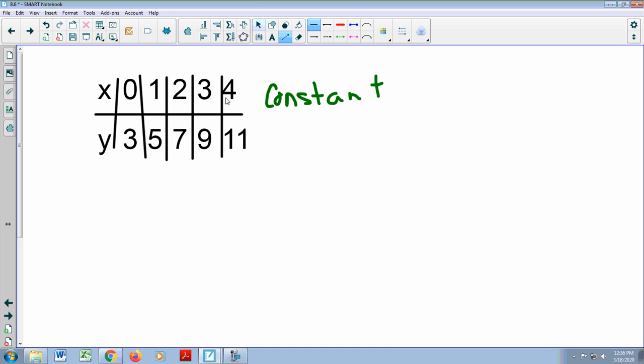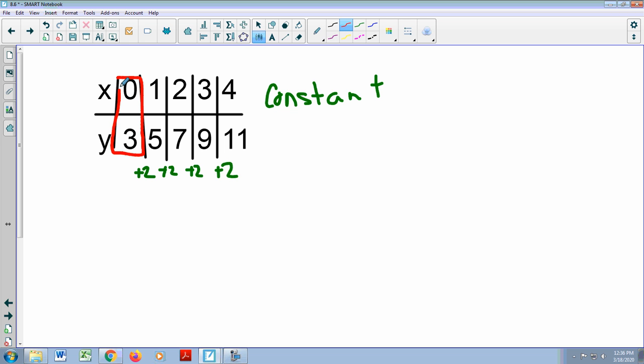So I know my x value is constant. I'm going to check my y value. Well, I added 2, added 2, added 2, added 2. So now, when I go to write my equation, I got my initial value, my y-intercept.